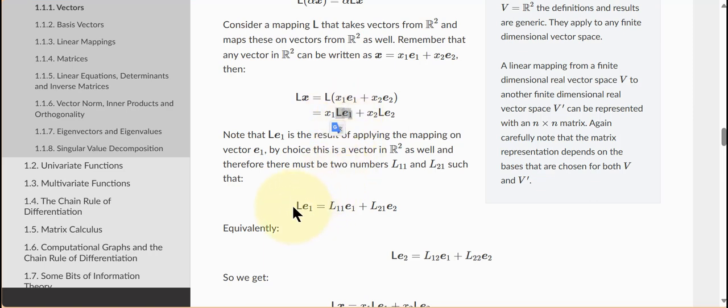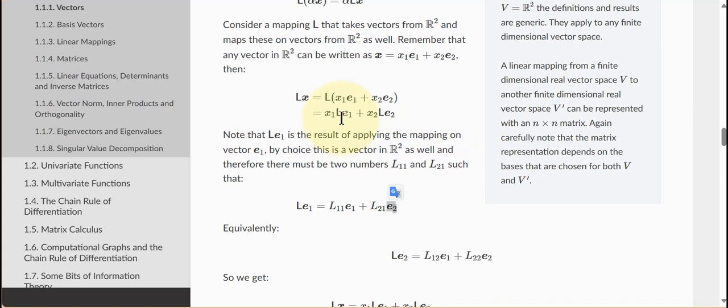So what does that mean? That means that this can be written as a combination of E1, here's the E1, and here's the E2, and this is just some constant, and this is just some other constant. They're giving it a strange name, but it's just some constant and another constant. So this thing right here can be written as a linear combination of E1 and E2.